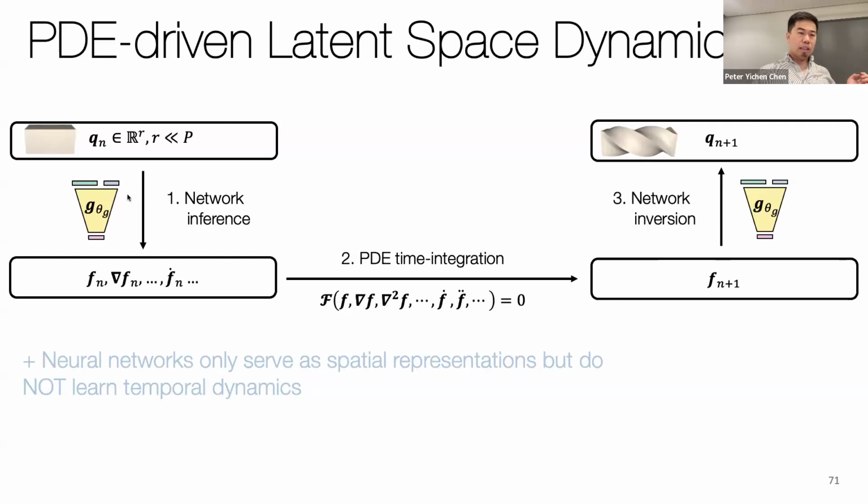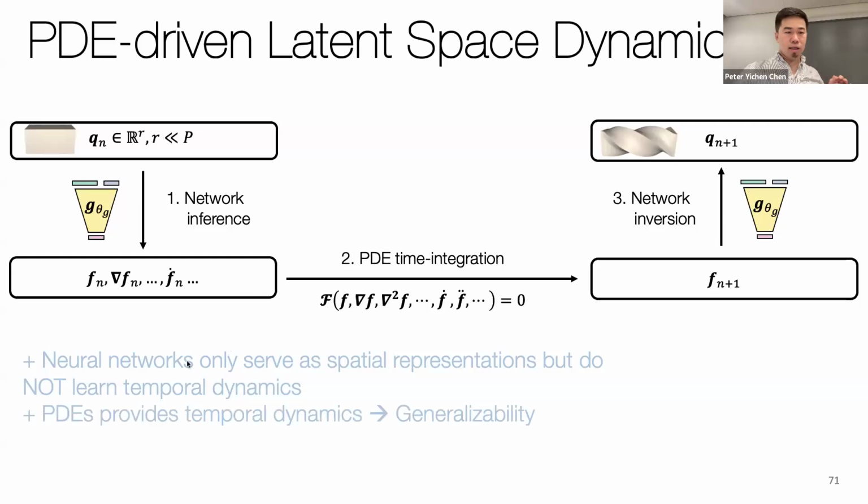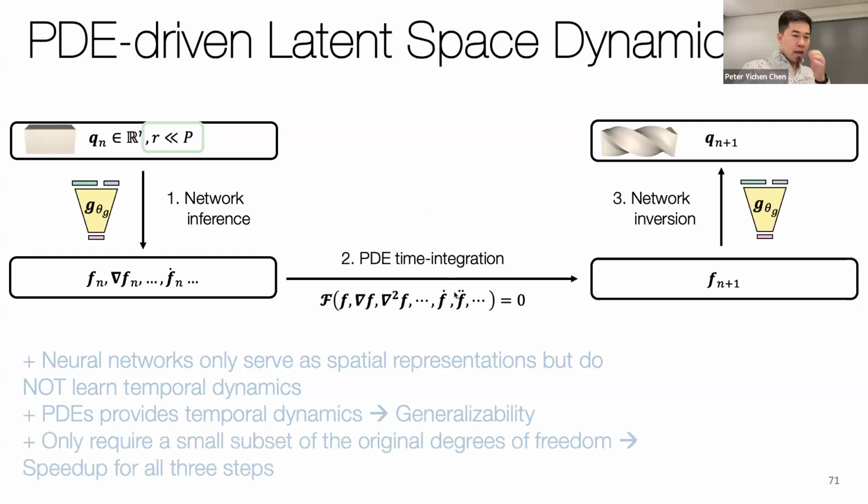So here, as you can see, the neural network is really involved in the inference and the projection part. They're really serving as a spatial representation. We do not learn the temporal dynamics per se. Obviously, you can learn these dynamics, but in this particular case we're not learning them, which allows us to generalize to different things because we still keep the PDEs here.